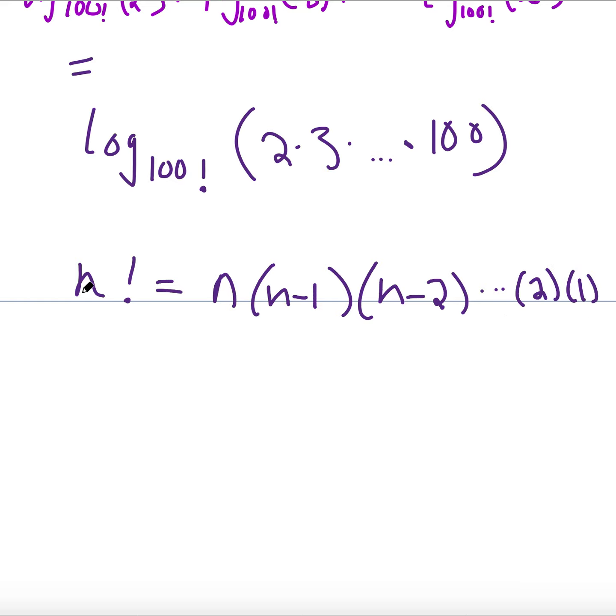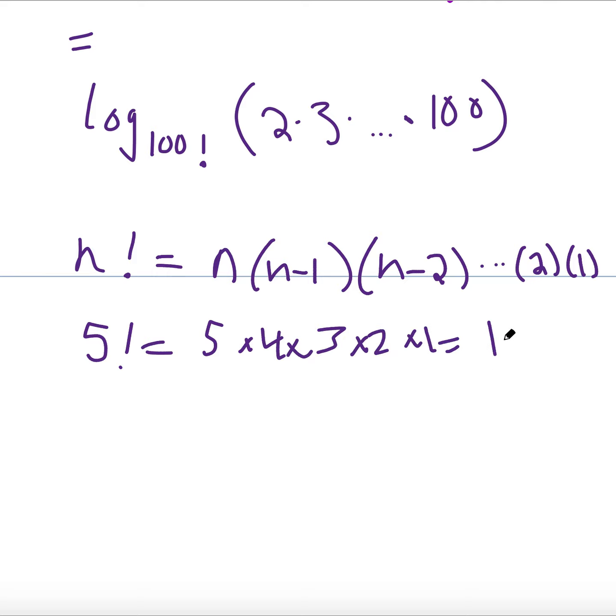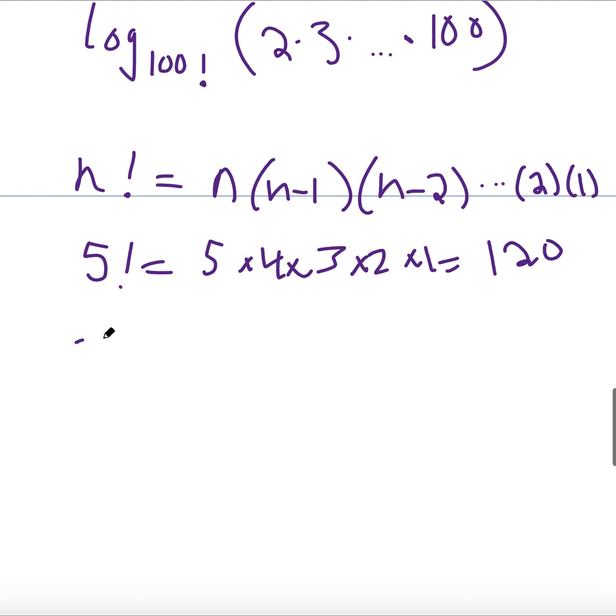What that means is that n factorial, and factorial in general, is a function that takes a number, usually in our case especially a natural number, and spits out the product of that natural number and all the natural numbers before it to 1. So for example, 5 factorial is equal to 5 times 4 times 3 times 2 times 1. That's equal to 120. And 3 factorial, for example, is equal to 3 times 2 times 1, which equals 6.